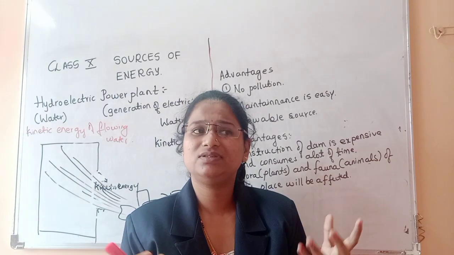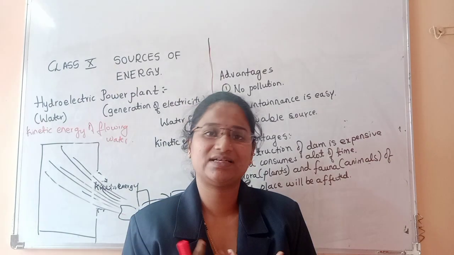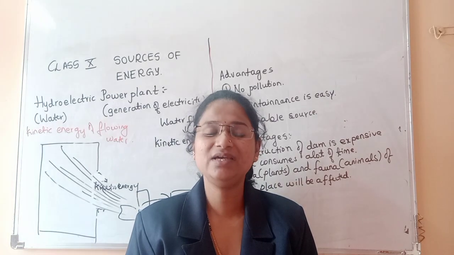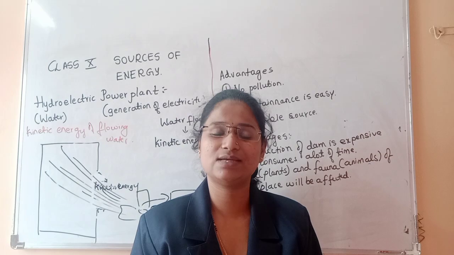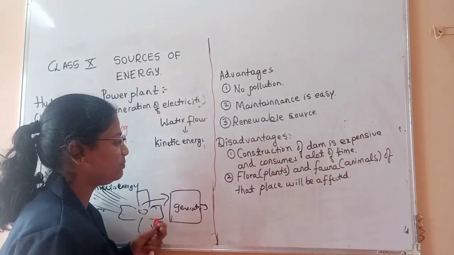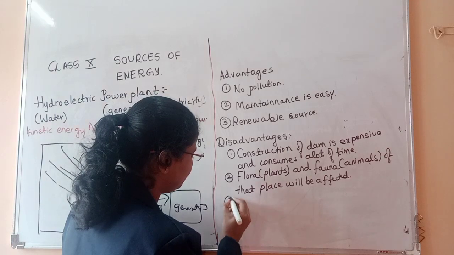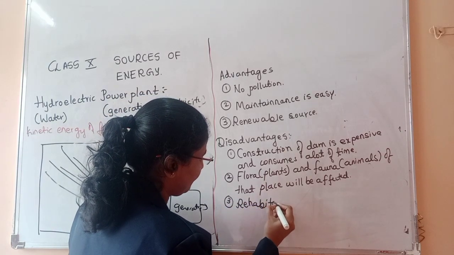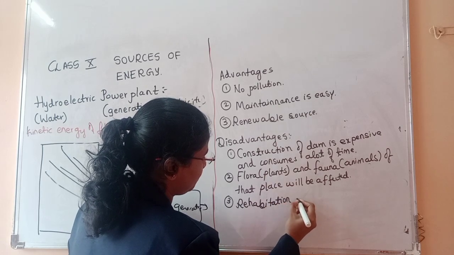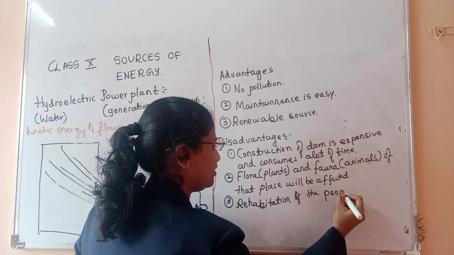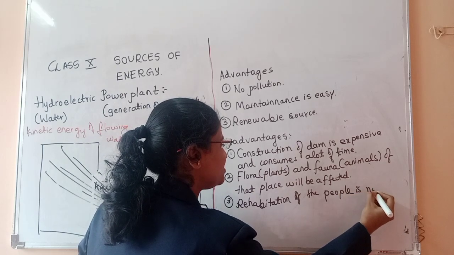The adjustment will not be satisfactory, and the people won't be happy after shifting to the new places allocated for them. So here we can say the rehabilitation of the people is not satisfactory.